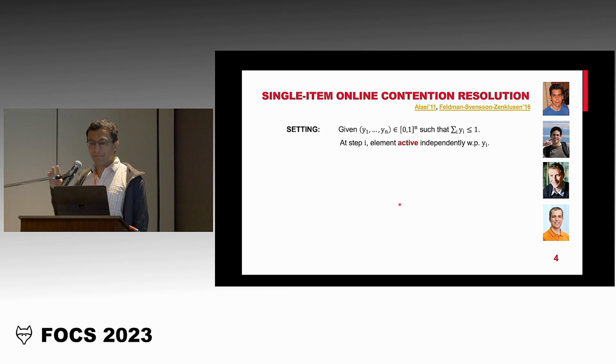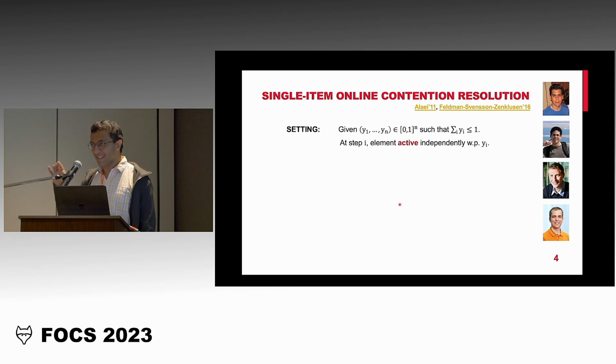And now what's going to happen is you have again an online problem. At step i, like in the first step, second step, third step, in the ith step, the ith variable is going to be active with probability yi and inactive otherwise. So it's like the weighted Bernoulli distribution, where the ith random variable either takes a value of vi or it's 0.